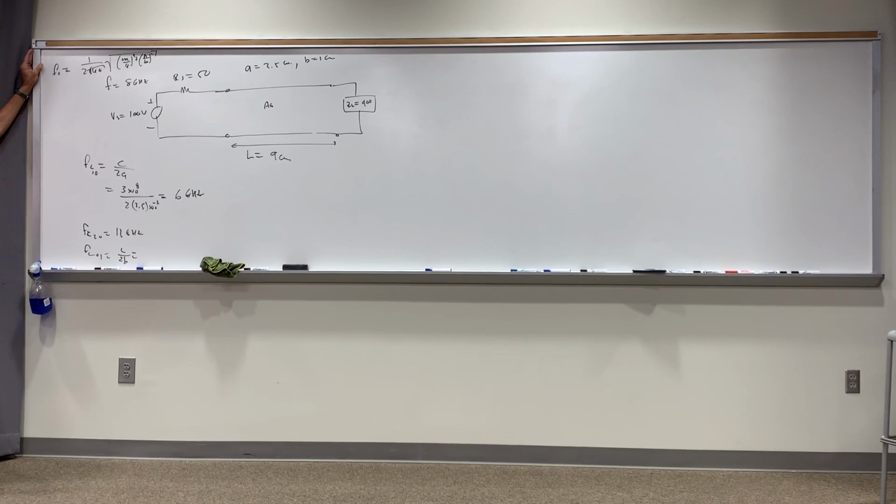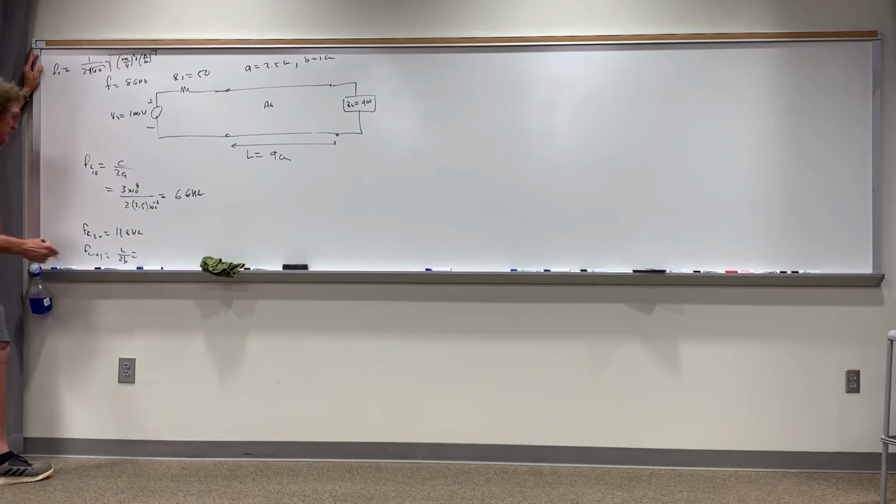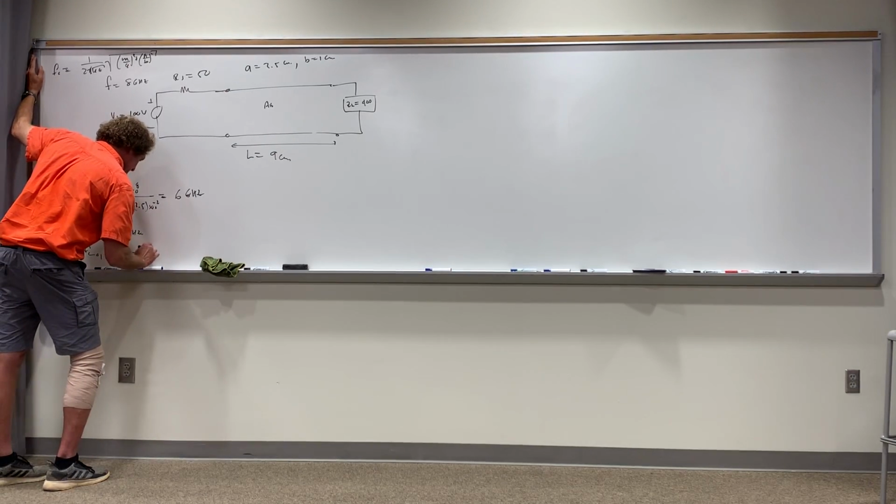This is just the general form for cutoff. So for this, what is the TE01 mode's cutoff? c over 2b, anyone? b is 1 centimeter, right? Well, c is 3 times 10 to the 8th, so that's 1.5 times 10 to the 10, about 15 gigahertz, class?